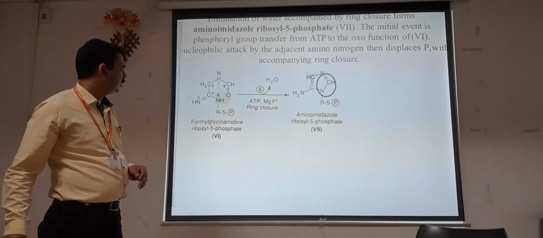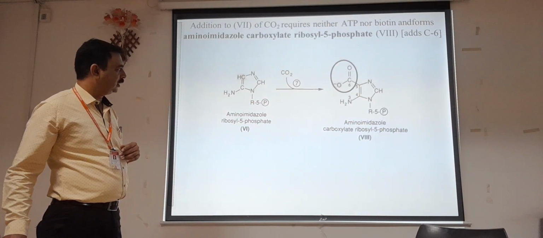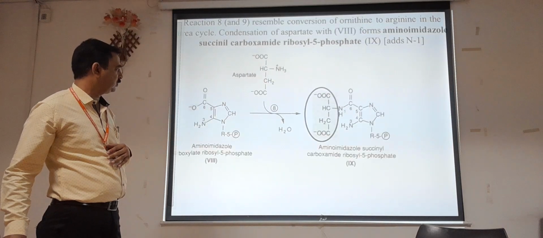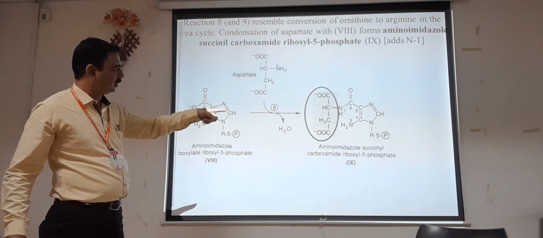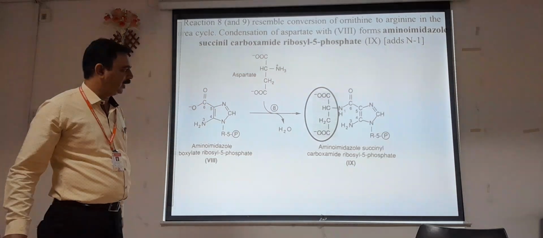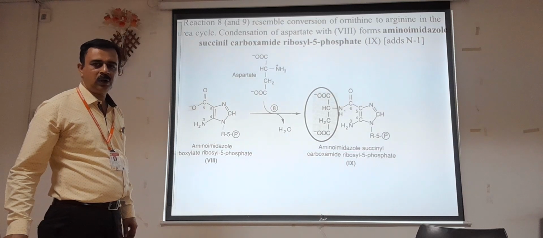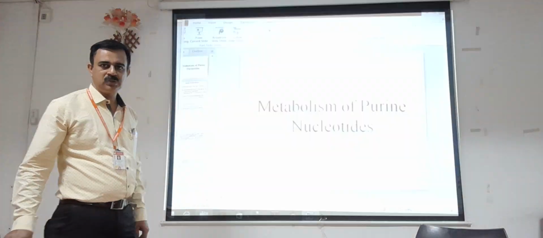Aminoimidazole ribosyl 5-phosphate is formed, and this gets converted to aminoimidazole carboxylate ribosyl 5-phosphate. Then, with the help of aspartate, it gets converted to aminoimidazole succinyl carboxamide ribosyl 5-phosphate. So these are all catalysis reactions that take place with the help of different enzymes.